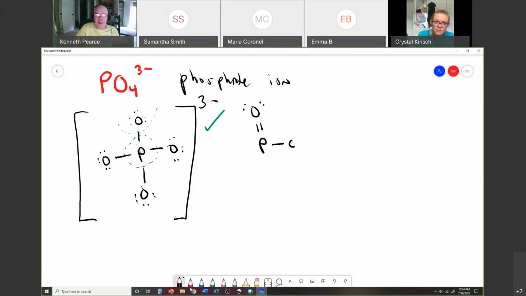So this is what you'd find experimentally. Let me make sure I put on all my electrons. Okay. And you'd have 6 non-bonding on 3 of them and 4 non-bonding on the one that's double bonded. And this is the actual.